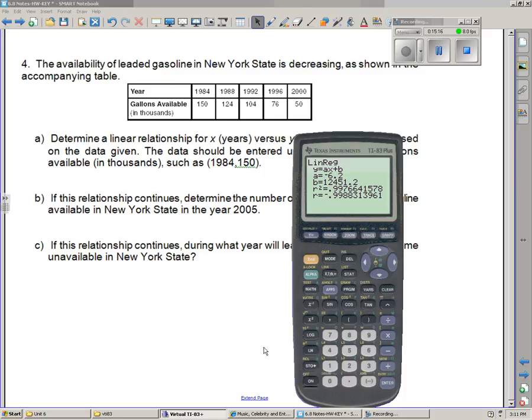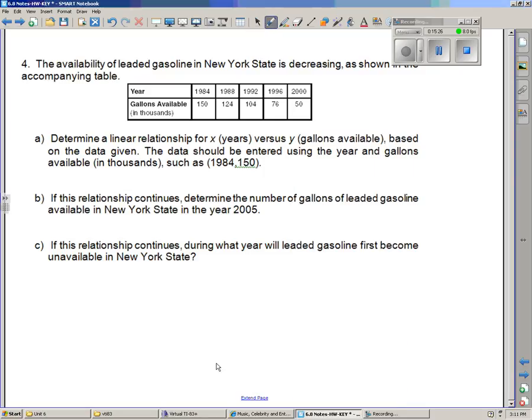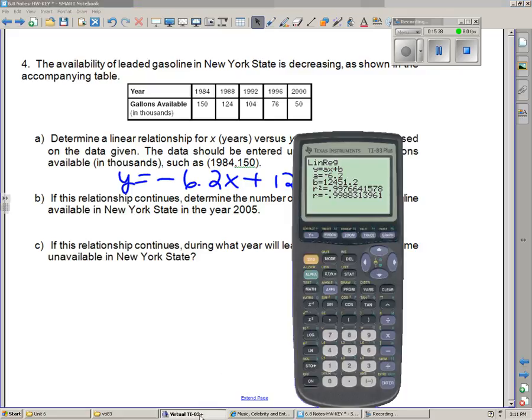Okay, let me just get this written down. Y equals negative 6.2x plus 12,451.2. Just going to make sure I got that right.